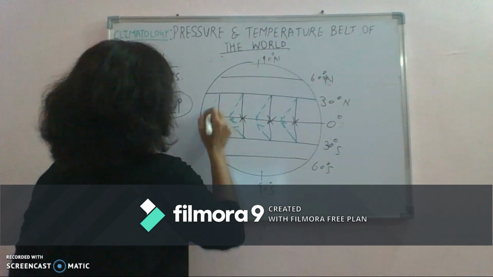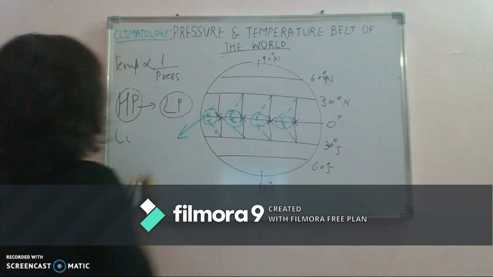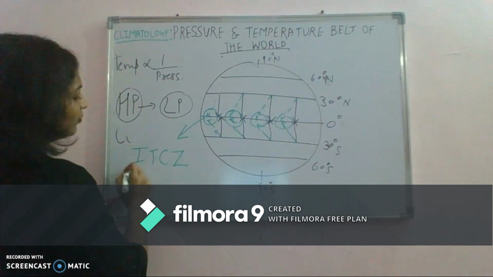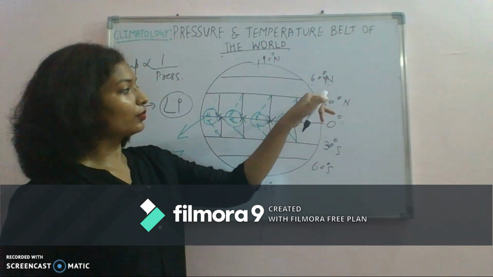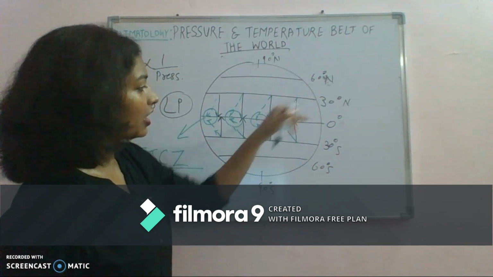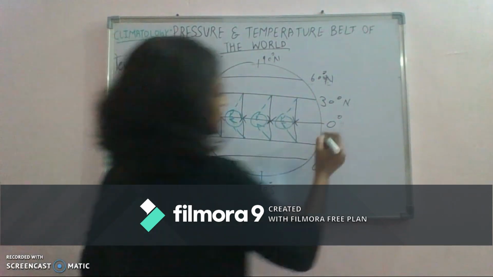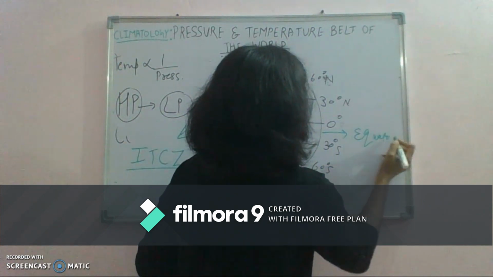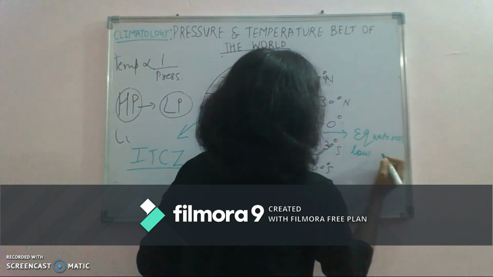Basically winds are converging here, and this zone is known as the ITCZ, the intertropical convergence zone, where the winds coming from the northeast and the winds coming from the southeast converge head to head in the equatorial region. This region is also known as the equatorial low pressure zone.